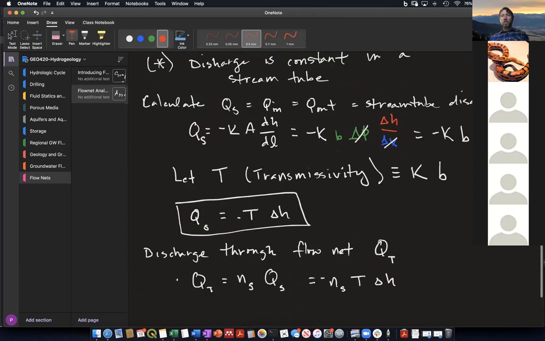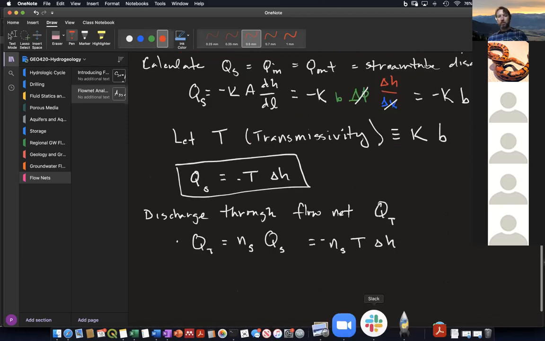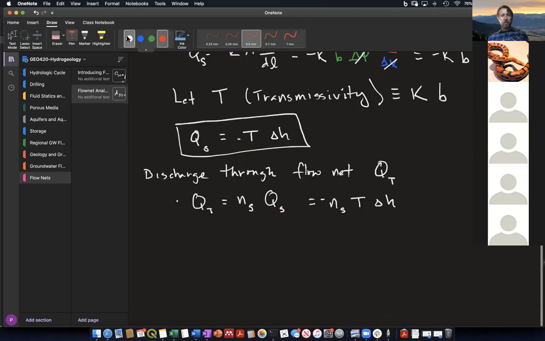So I can make one last substitution and substitute this relationship. The delta H, the contour interval, is equal to the total head drop across my flow net divided by the number of head contours in my flow net. I'm going to substitute this relationship in for delta H into this equation, and I will get this.